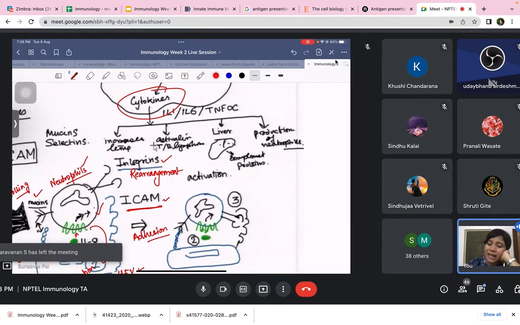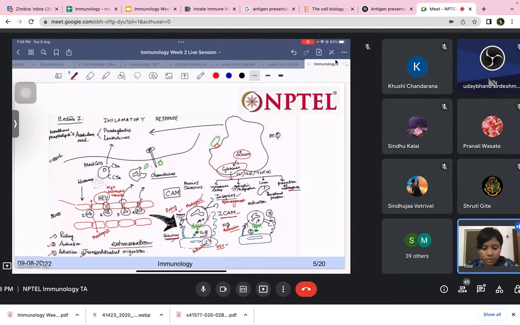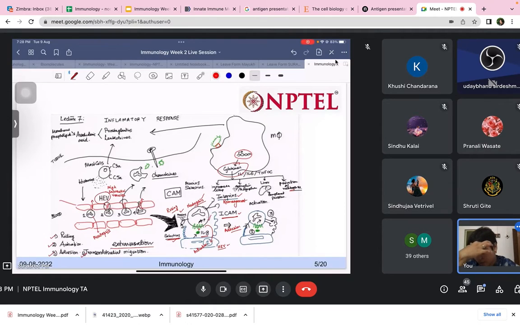There are several types of cytokines which perform several types of functions, for example IL-1, IL-6, TNF-alpha. When we learn about cytokines, we will learn in more detail. They elicit different responses, like increase in temperature, activation of the T or B lymphocytes, production of the complement proteins, and the production of more and more neutrophils. These different functions are exhibited by these activated macrophages.